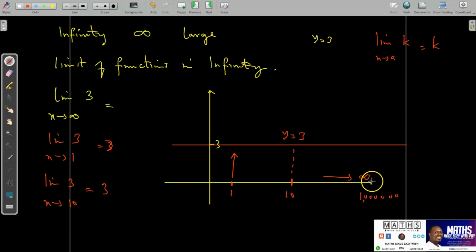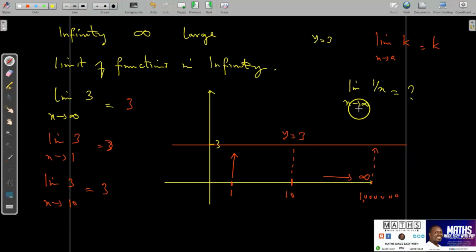What will be the answer? So maybe 1 million is here, and we are assuming the 1 million is in infinity. What will be the answer, please? 3. It's still going to be 3. So can we conclude that limit of this constant number as x approaches infinity, the answer is still 3.